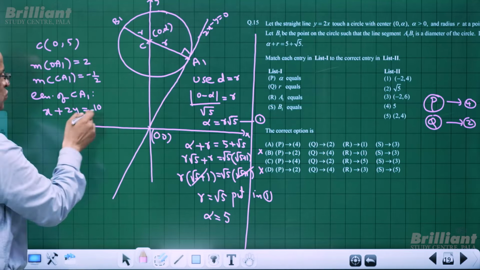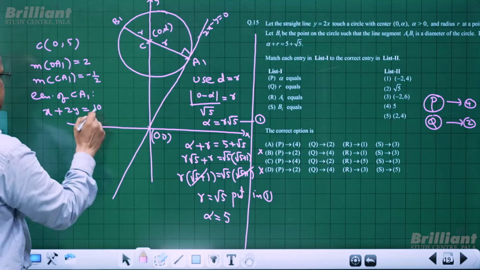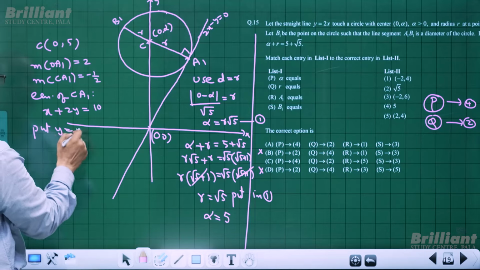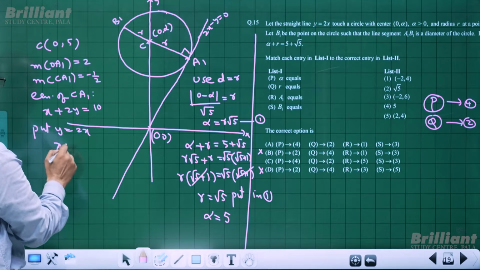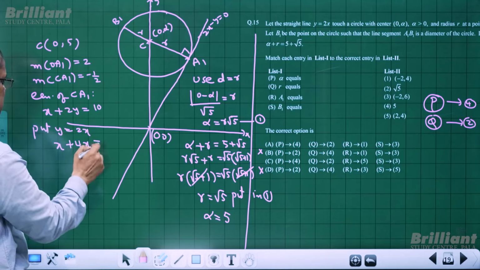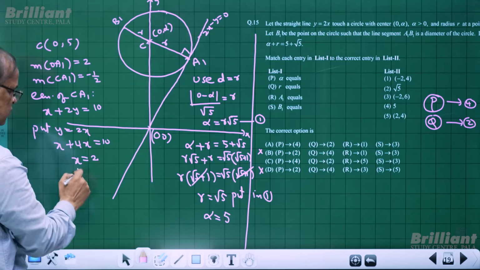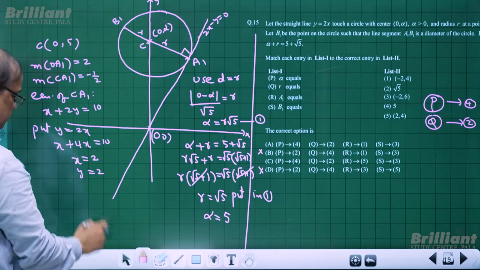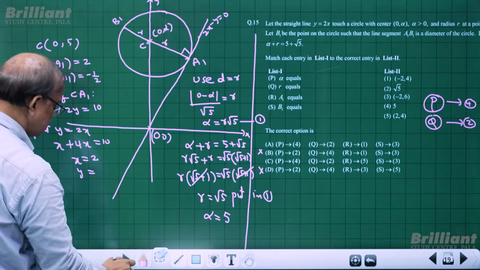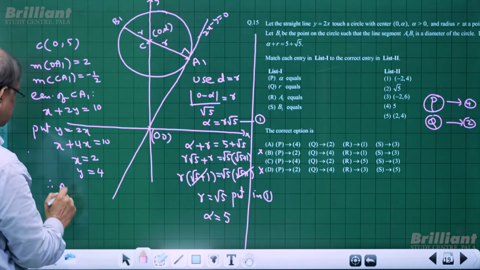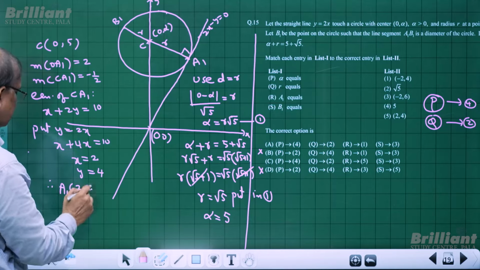Now put y equal to x. So x plus 4x is equal to 10. So x is 2, y is 4. Therefore the foot is 2 comma 4. Therefore A1 is 2 comma 4.